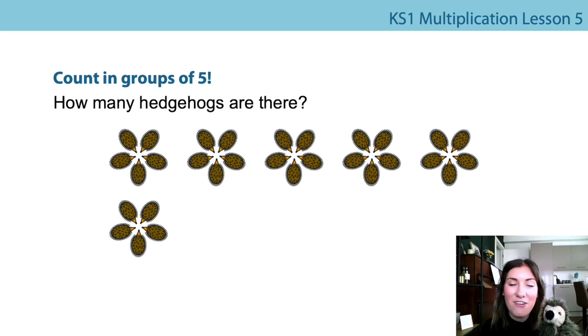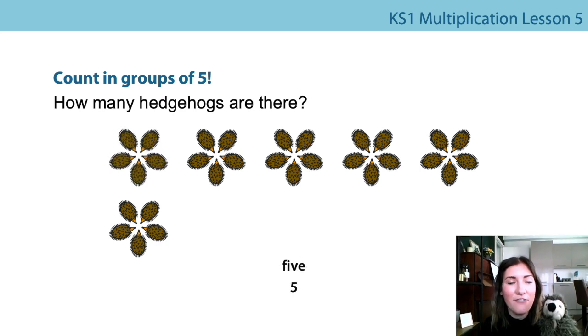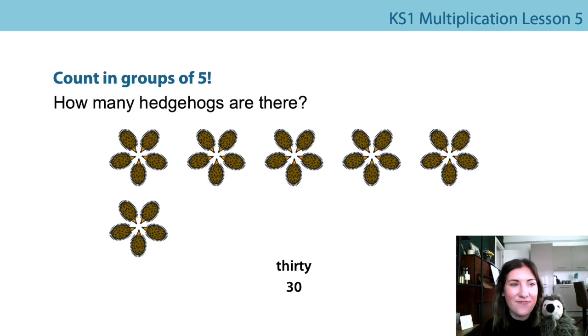All right, shall we count on together? Five, 10, 15, 20, 25, 30. Well done. Did everyone get 30?